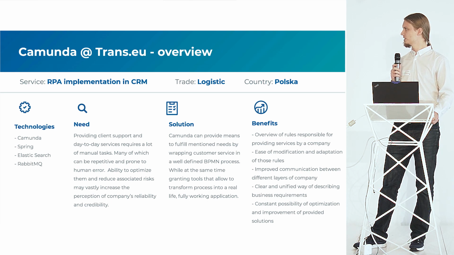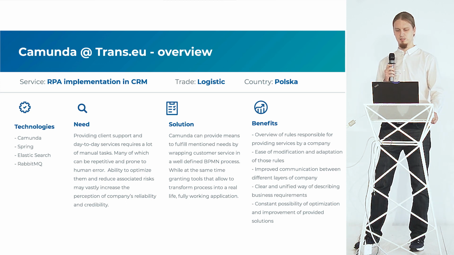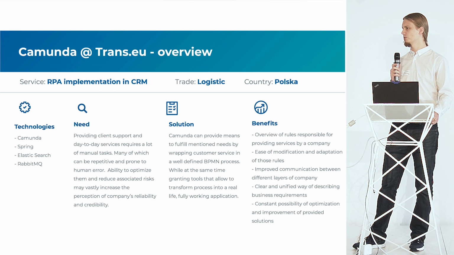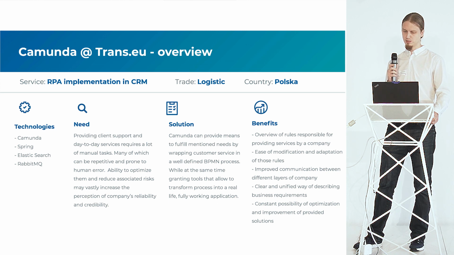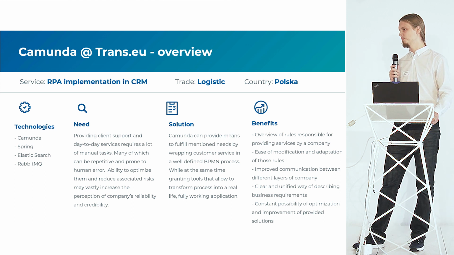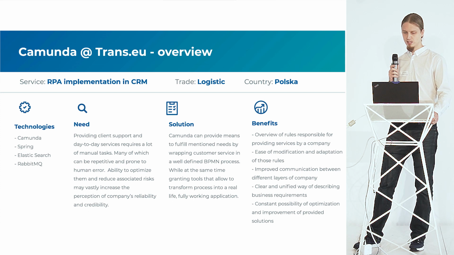The use of Camunda in this case was that it gave the company a nice overview of what's going on with each and every single process for each customer, but also an overview of what's going on in the system overall. This especially helped with the communication between customers and our customer service, as well as communication between shippers, carriers, and forwarders.